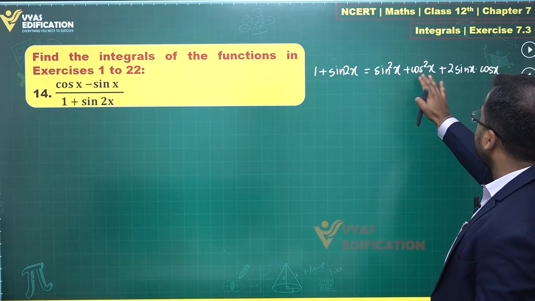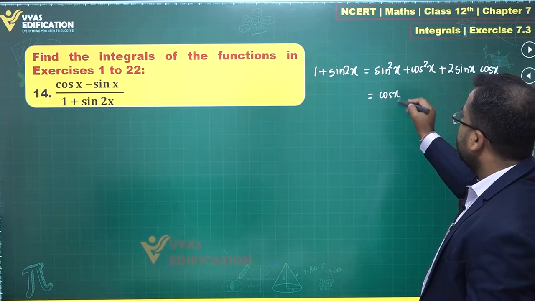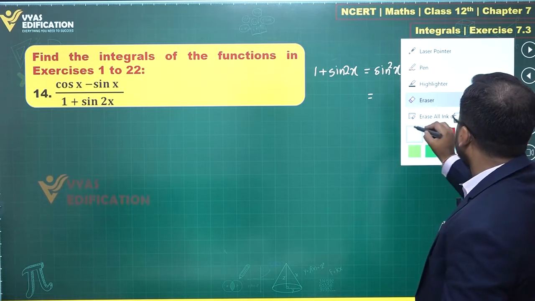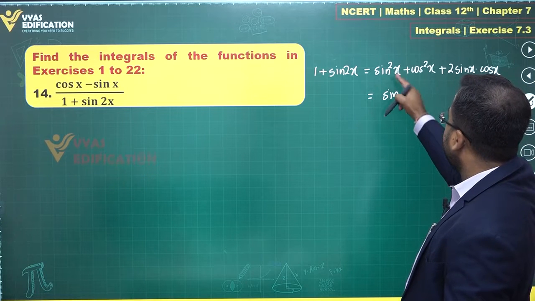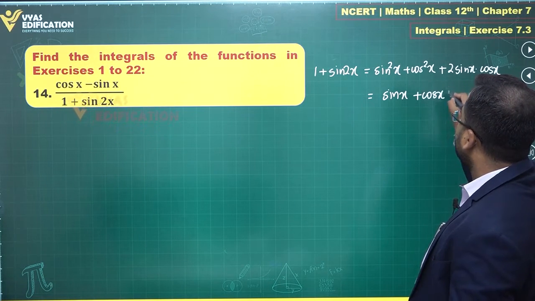So this is actually a square plus b square plus 2ab, which can be written as sin x plus cos x whole squared.